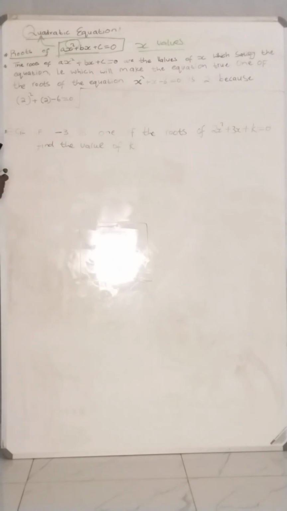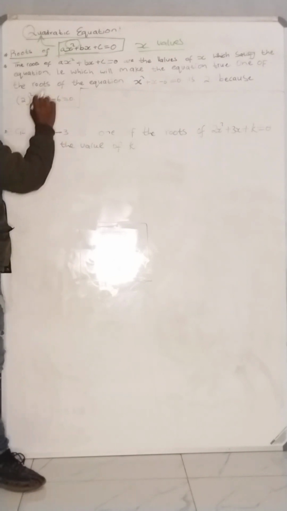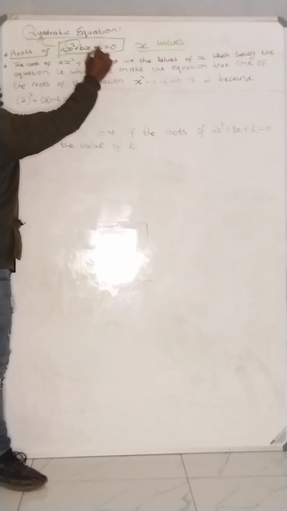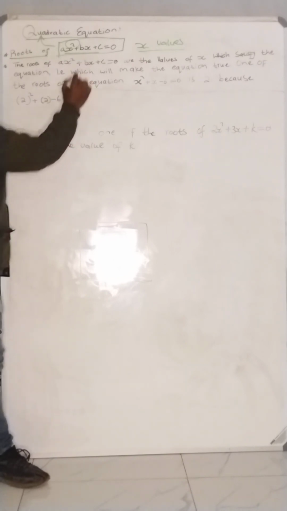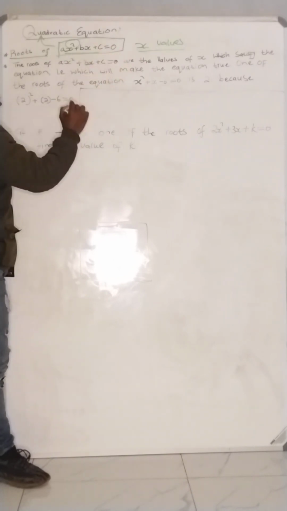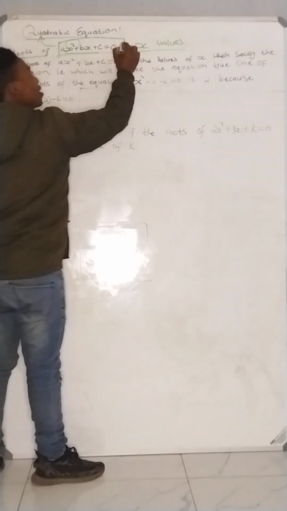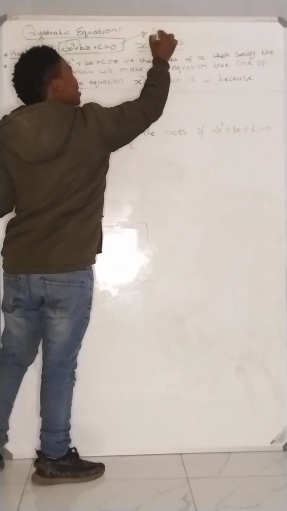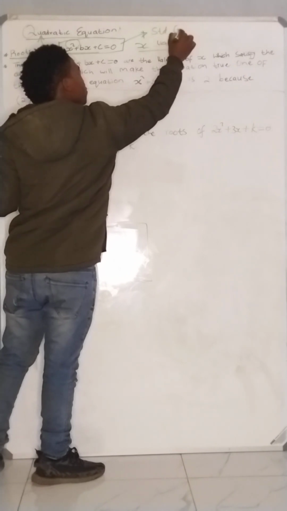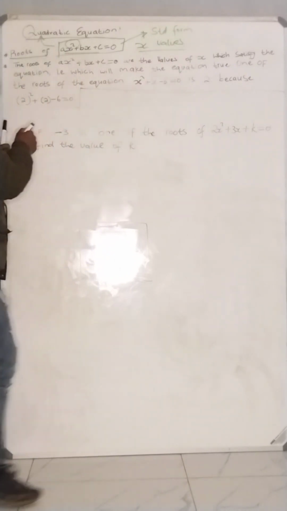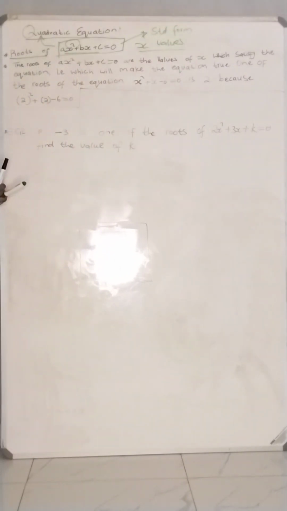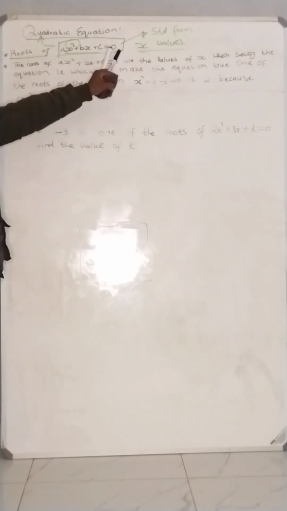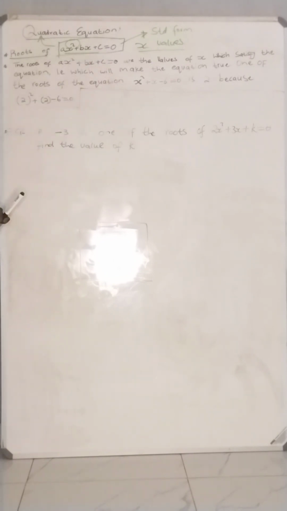Another thing you must know is that if the equation is in this format, where it is equal to 0, we say that the equation is in standard form. We'll get into more details as time goes on.